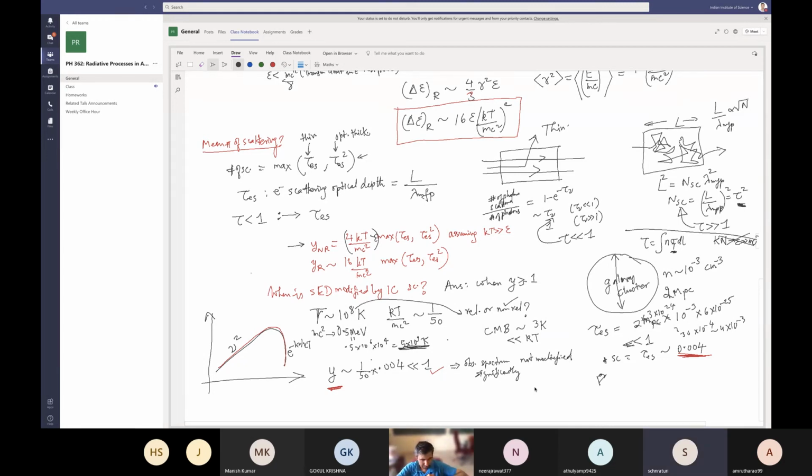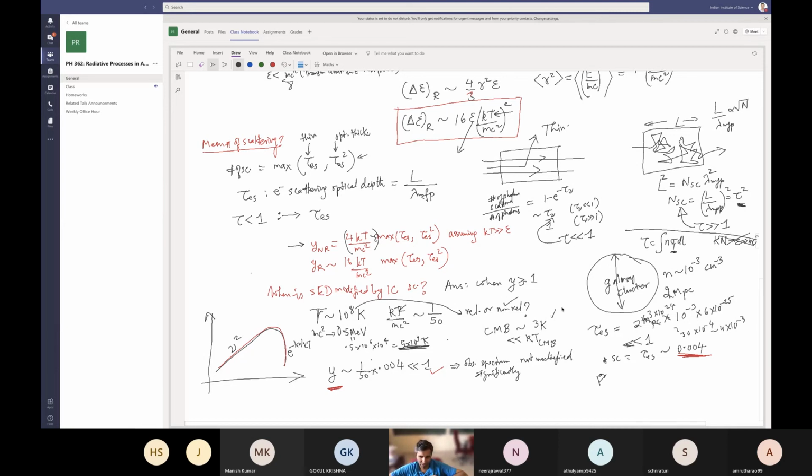This temperature is the electron temperature, the electron particle temperature. When we are talking about the CMB, we are really dealing with epsilon, the energy. So T_CMB is like a typical energy of a CMB photon.